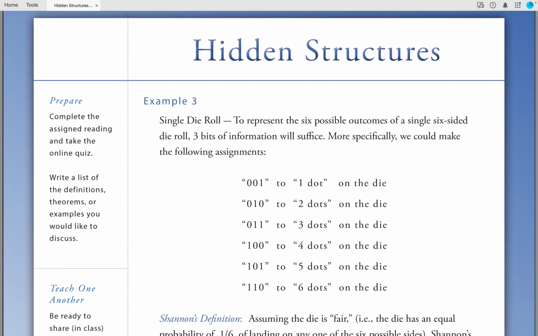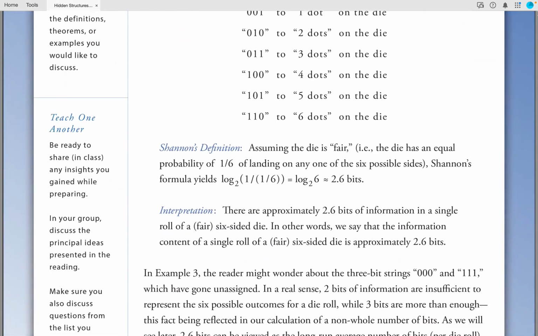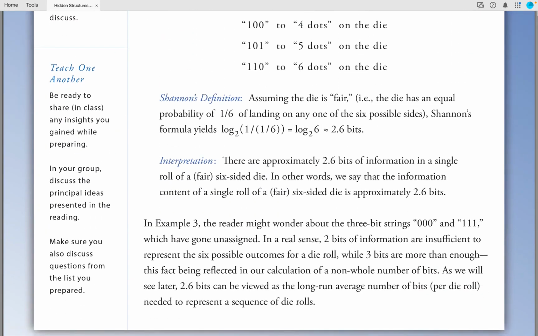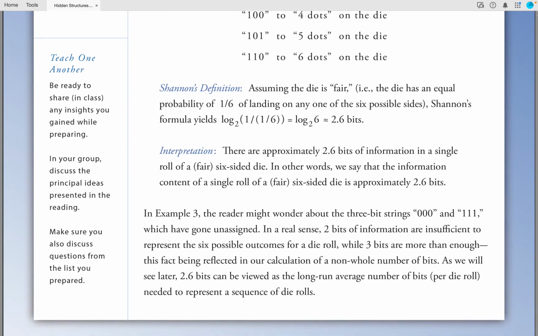Shannon's definition. Assuming the die is fair, that is, the die has an equal probability of landing on any one of the 6 possible sides, Shannon's formula yields log base 2 of 1 divided by 1/6, which is approximately equal to 2.6 bits. Interpretation.